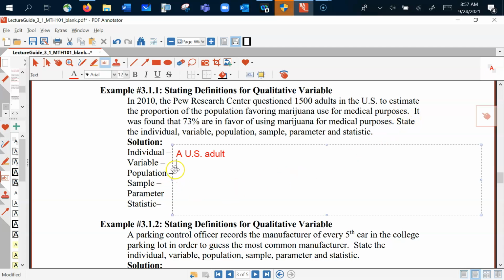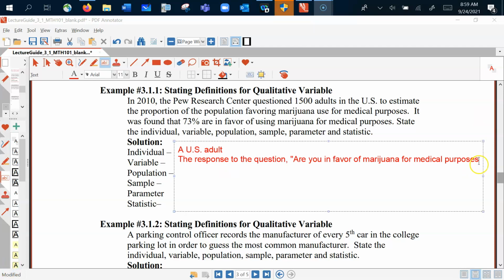So here the variable is going to be literally the response to the question, are you in favor of marijuana for medical purposes?